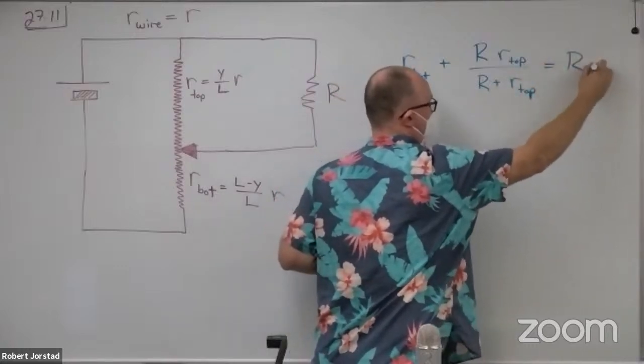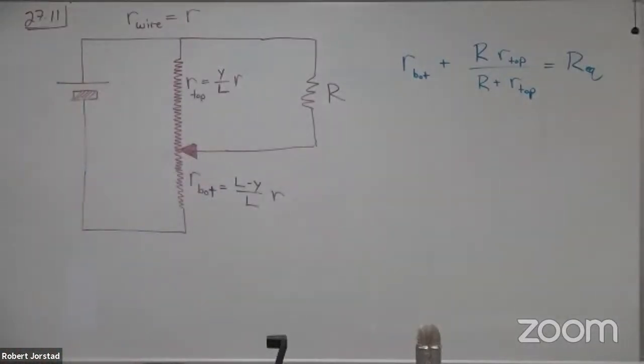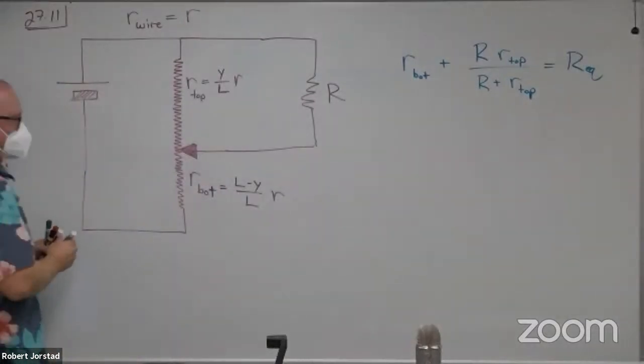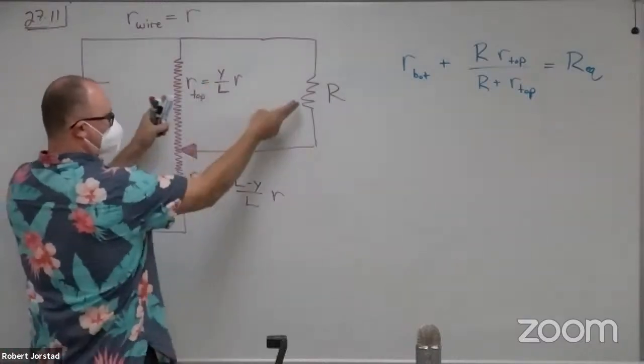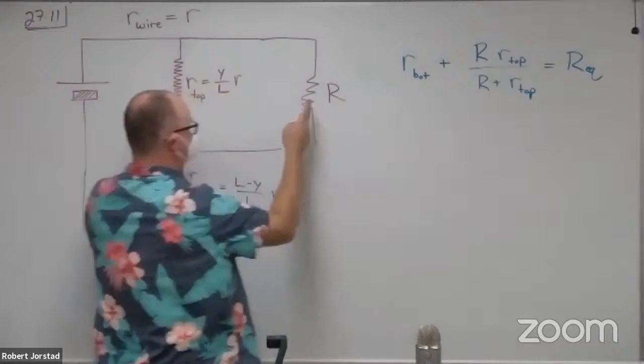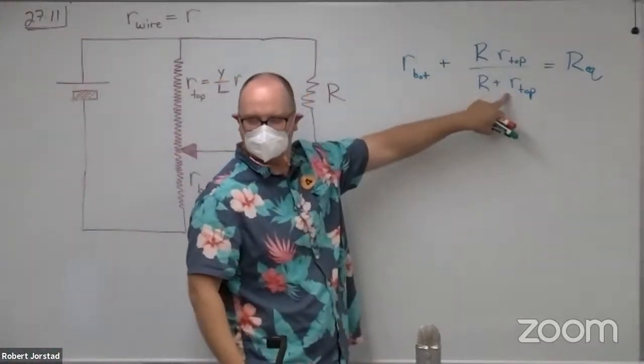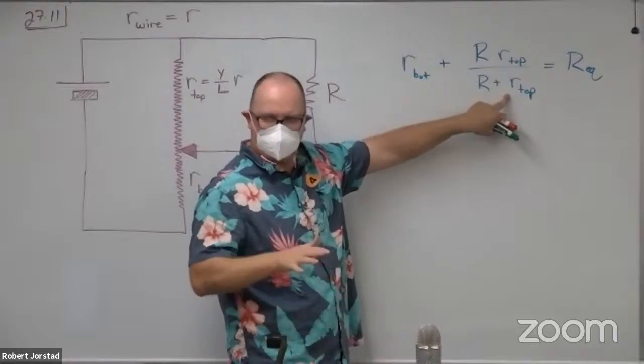That would be the equivalent resistance. It's this one plus those two in parallel. That's the parallel shortcut rule. Do you see it? Is this okay?